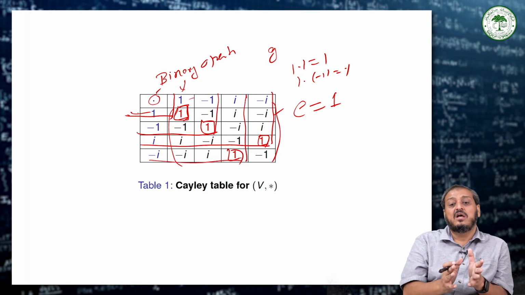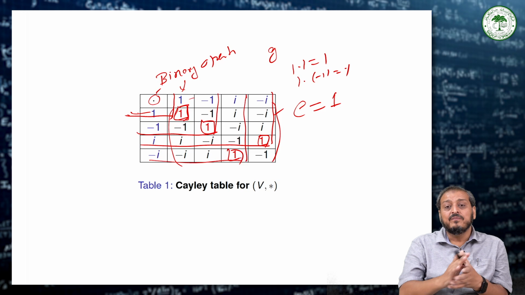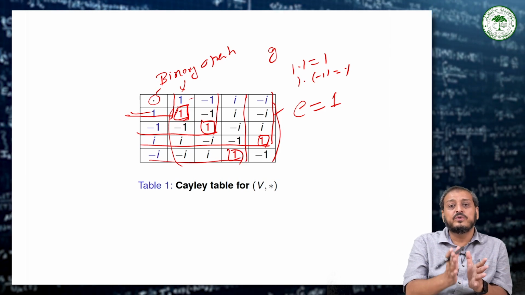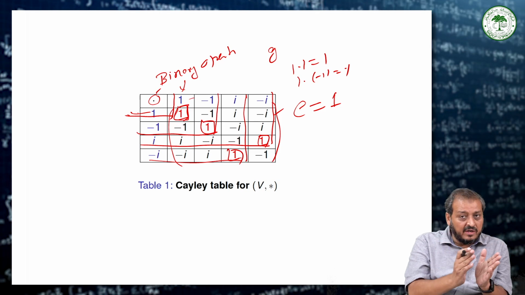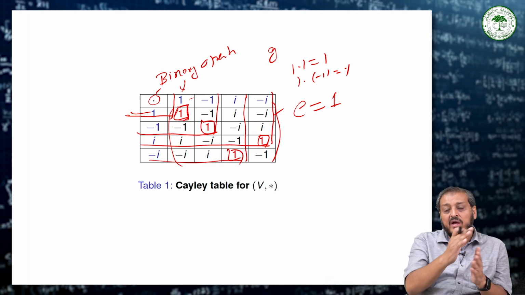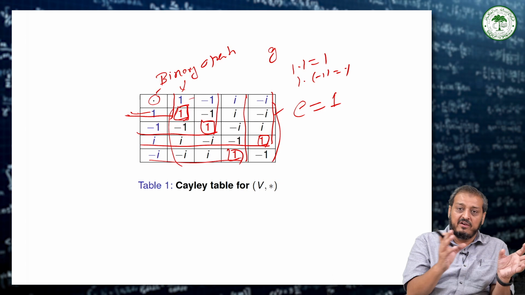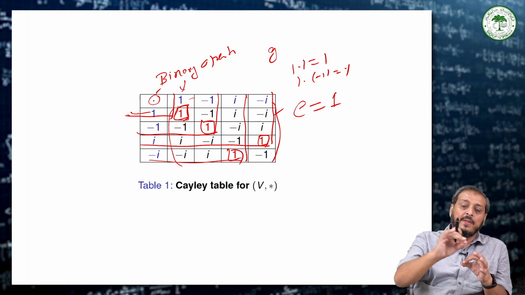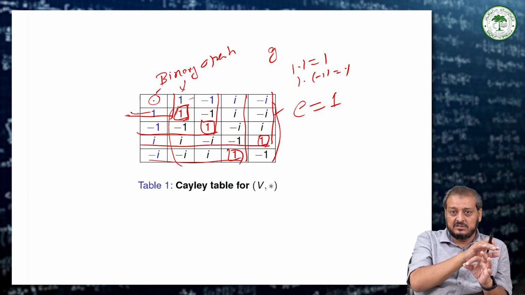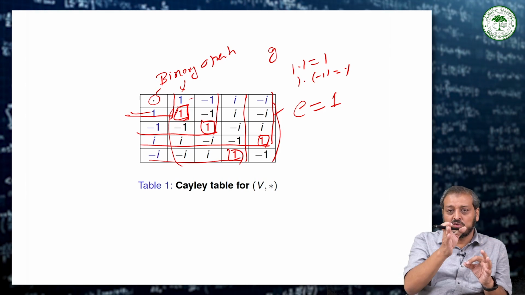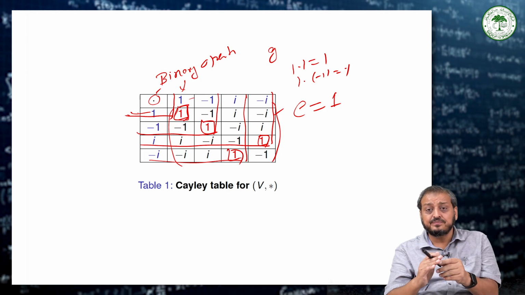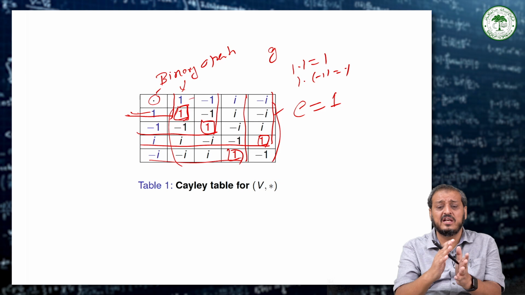So by this table all the conditions of the group are satisfied. The identity element is present uniquely in each row and each column, and when the identity element is given, we have the composition of G and H, with G row wise and H column wise at the intersection. So these are the inverses of each element.